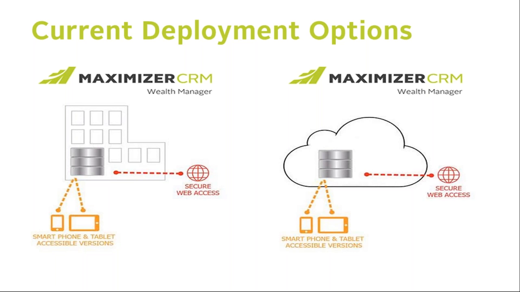The left-hand side is, as I said before, your typical setup, hosting Maximizer on your servers and providing access to yourselves and your staff members through browsers, and that's what the red dotted line, secure web access, represents. And you can also provide secure access to anyone inside the organization that has a smartphone or tablet, and this is what the orange dotted lines represent.